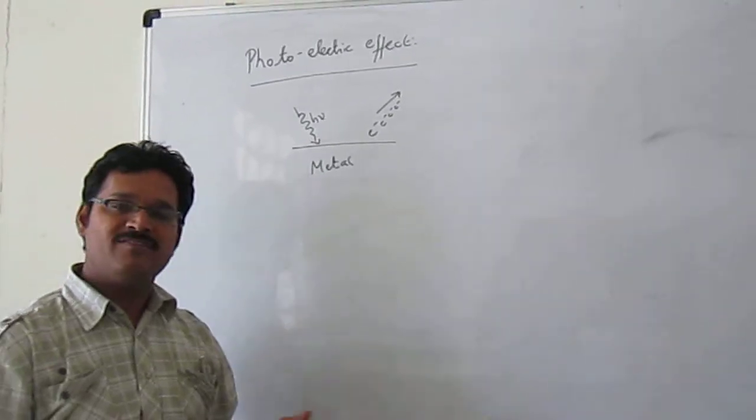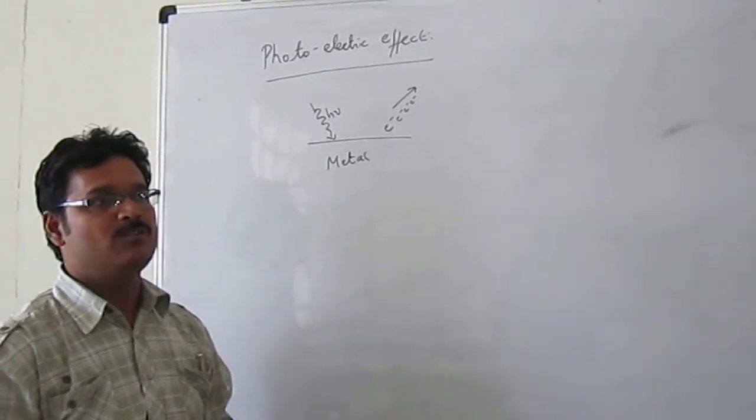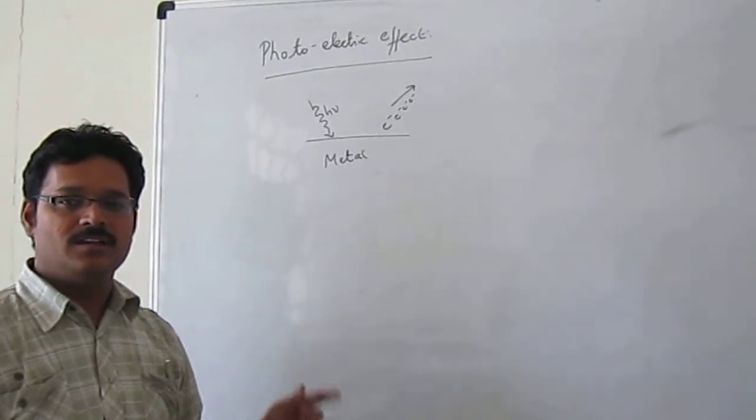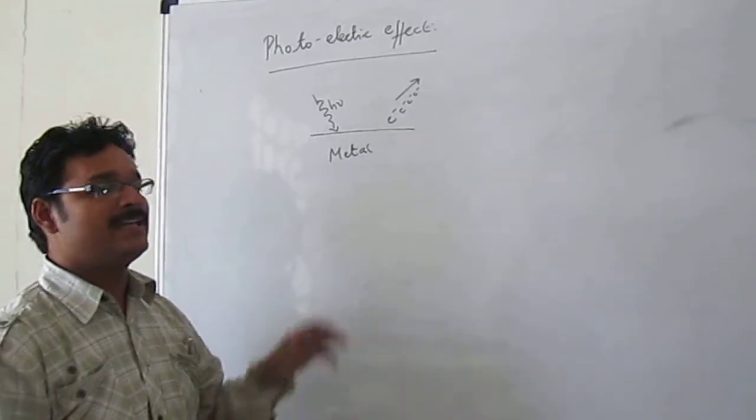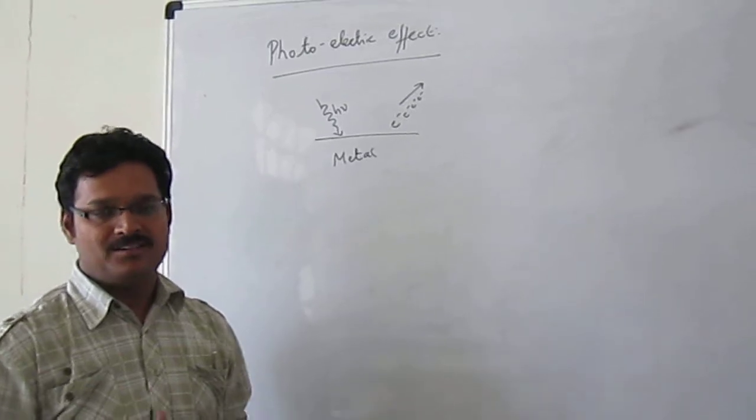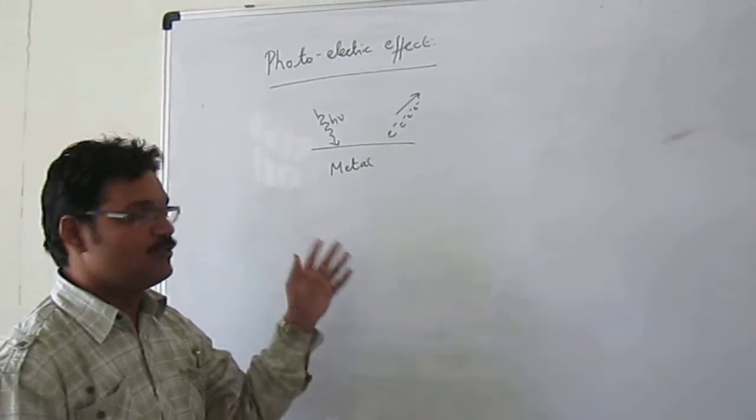Now, to know the factors affecting the photocurrent, we have to do an experiment. Of course, scientists have done the experiments, and based on them they found that some factors influence the photocurrent.